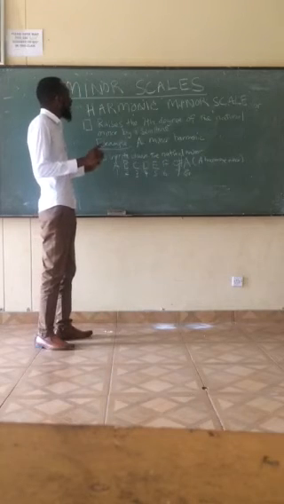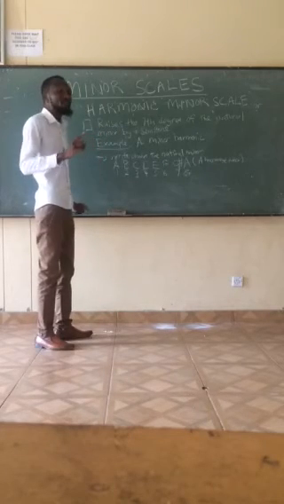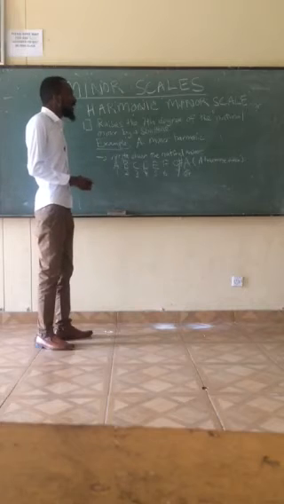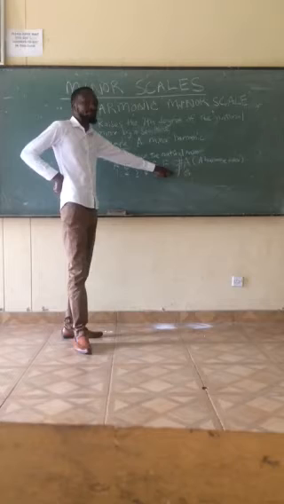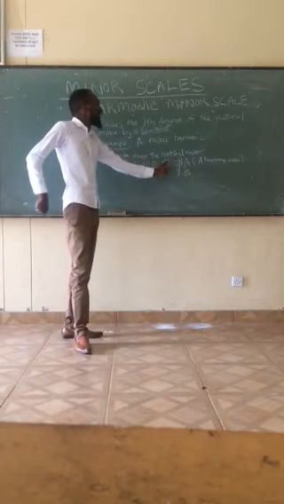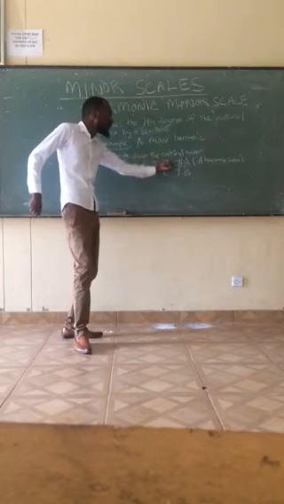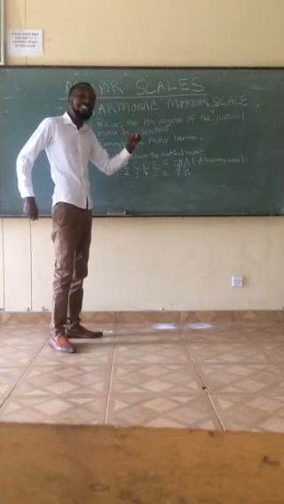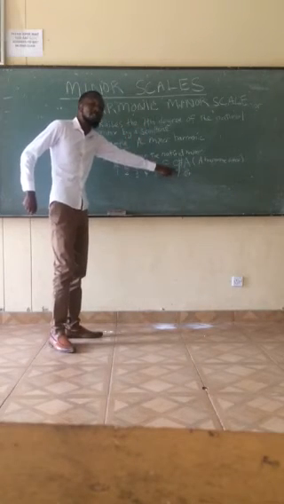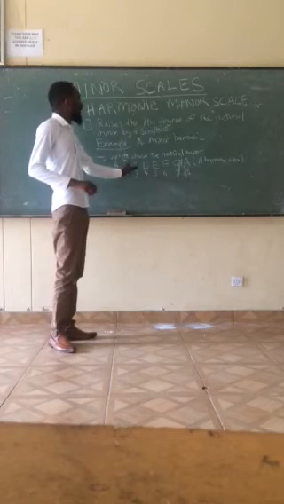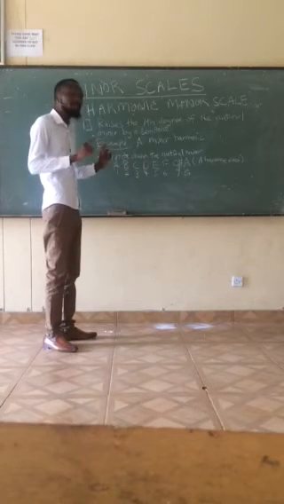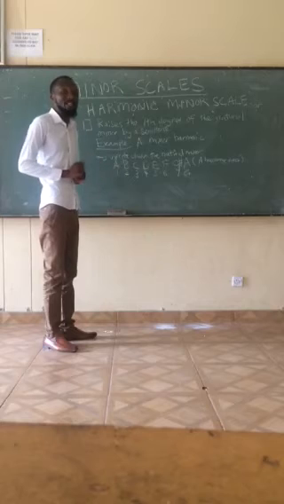It is simply A, B, C, D, E, F, G, and A. But the harmonic now raises note number 7 by a semitone. So the G is now G sharp. We've put a sharp sign. We've raised the 7th degree to G sharp. So this is now the A harmonic minor.